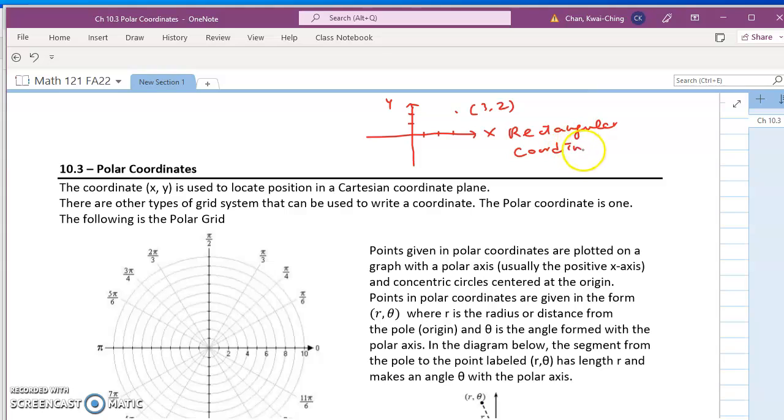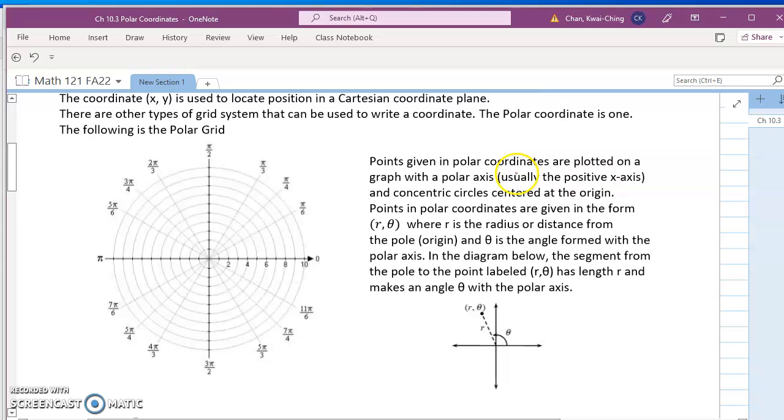When we graph the xy coordinate, we usually label 1, 2, 3, whole numbers, but presumably you can have 1.23 and then up 0.55. So every single point has one pair of numbers in this coordinate system.